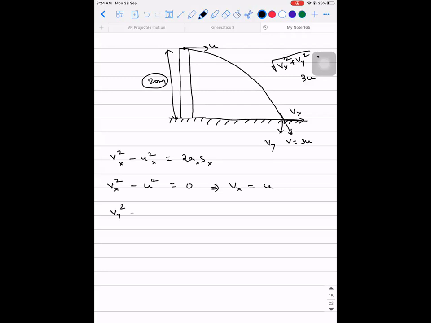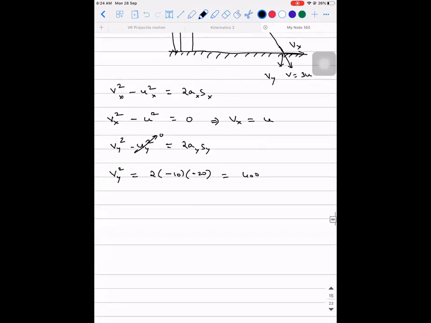Similarly, Vy square minus Uy square is equal to 2 into Ay into Sy. So what is the value of Vy? So Vy square, Uy is 0, 2 into acceleration due to gravity, which is minus 10, displacement of the particle is minus 20. That will be how much? 400. Right. So Vx square plus Vy square is equal to 9u square, which implies u square plus 400 is equal to 9u square.